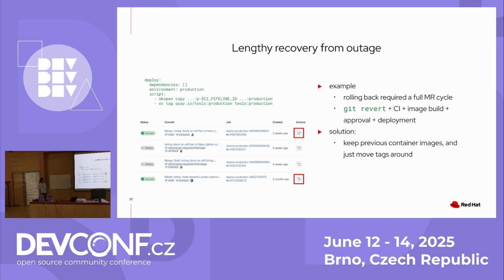Yeah, and then we had what I said, right? Before, rollback basically meant a git revert, which is the obvious way to do it maybe, but it goes through the whole merge request, merge, approve, review cycle. The solution is to hopefully have a good container registry provider that allows you to store terabytes of images.